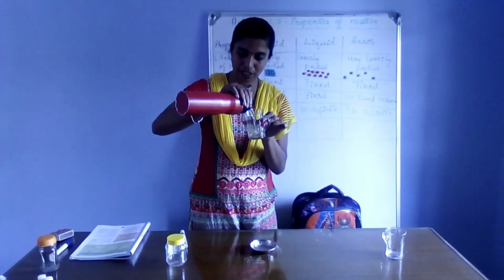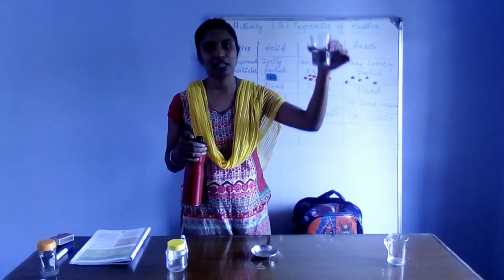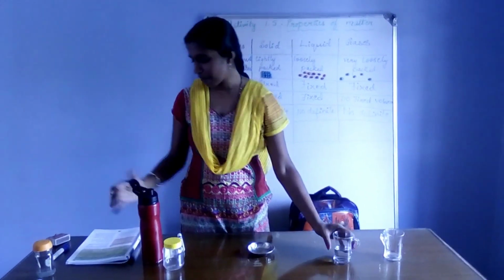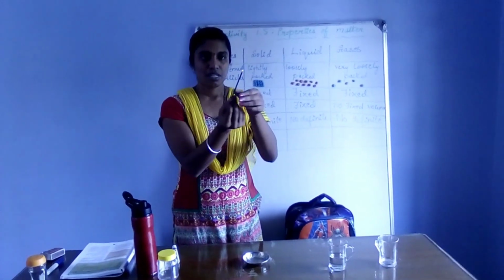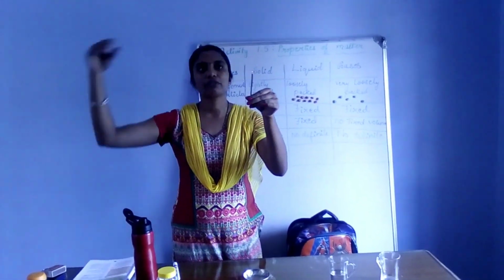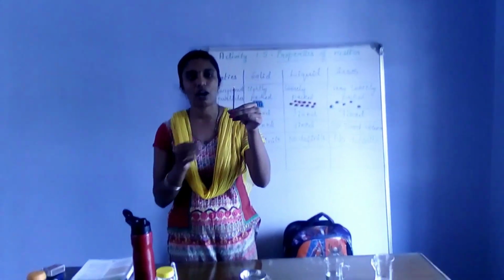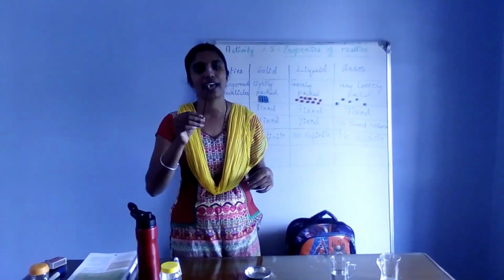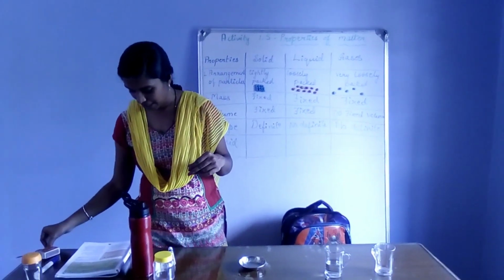For example, you can see the liquid is flowing and filling up the space available in this beaker. In the same way, gases: you can see this incense stick. The gas is moving and filling up the space available in the room, as it can flow from one place to another place.